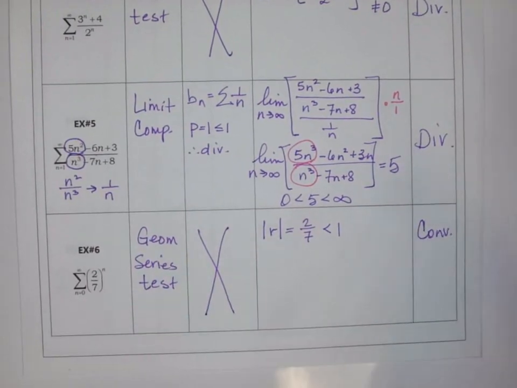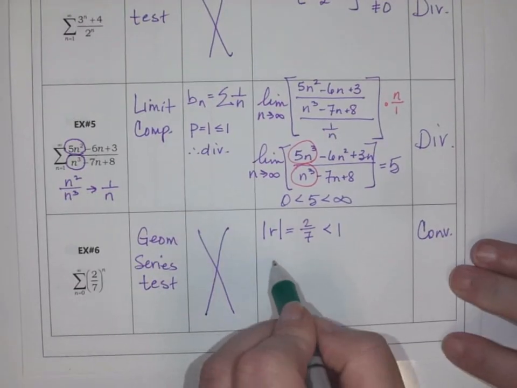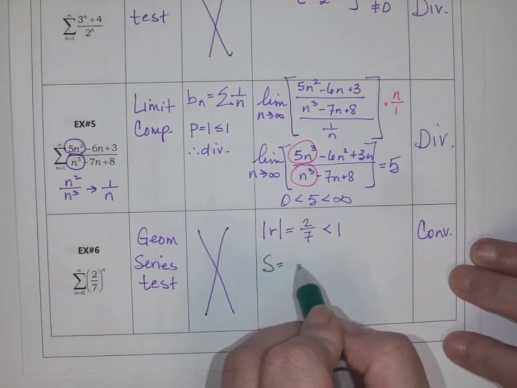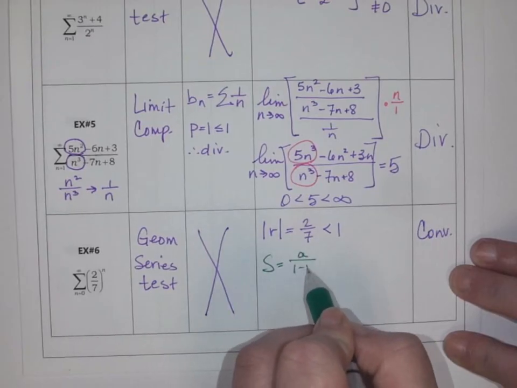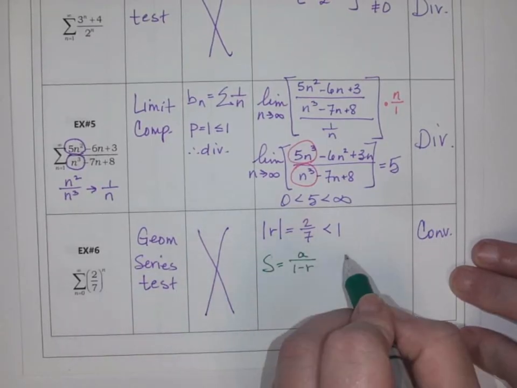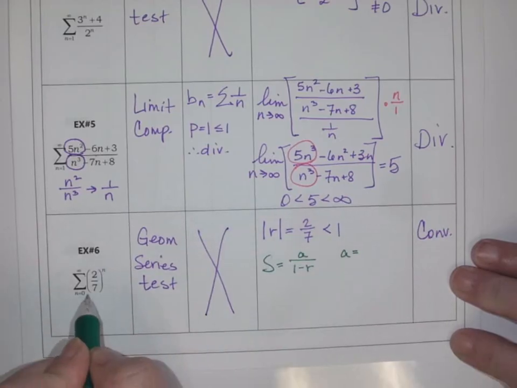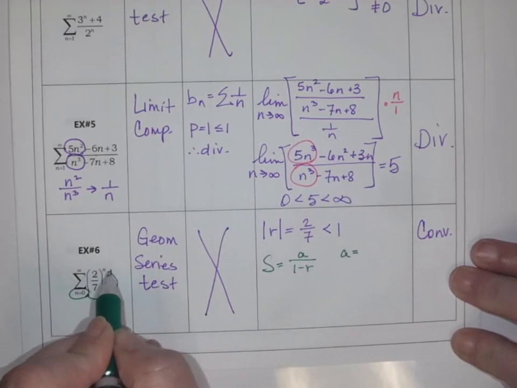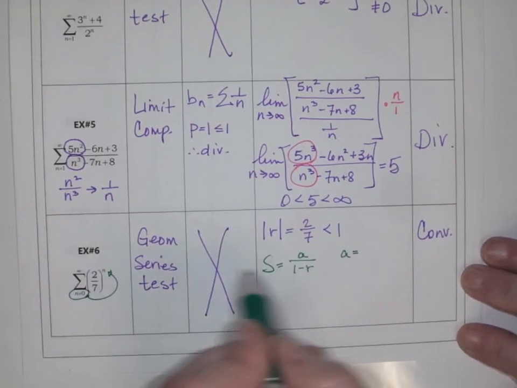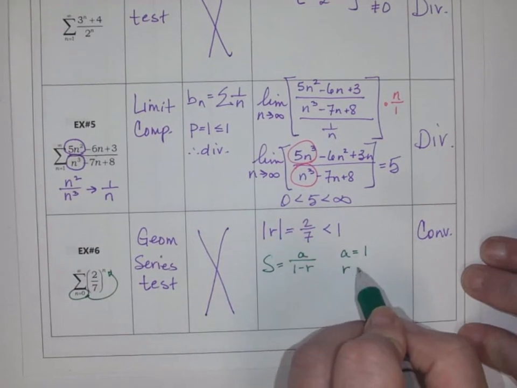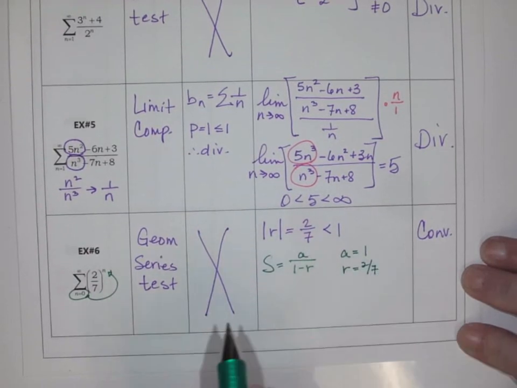Now, remember when it converges, just off to the side, on the geometric, we can figure out what its sum is. So remember the formula for its sum is a over 1 minus r. So our a value, we're going to plug 0 into our function. So we would get 2 sevenths to the 0, so 1. And our r value is 2 sevenths.